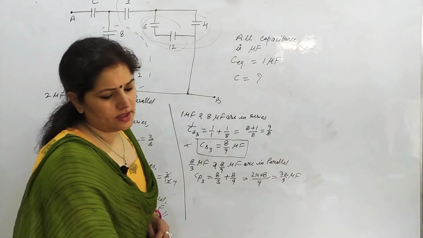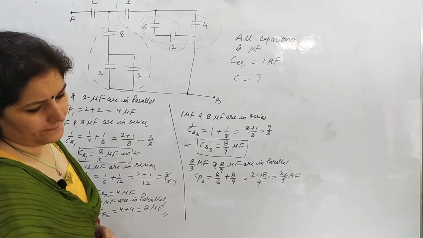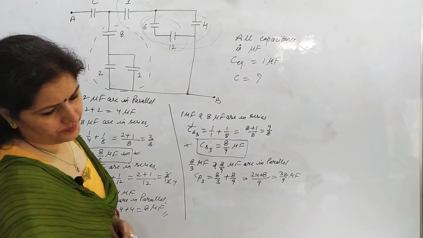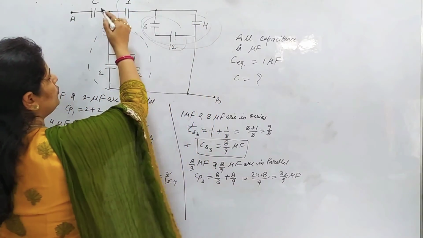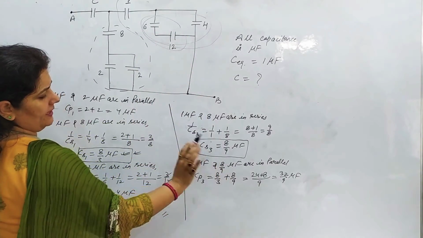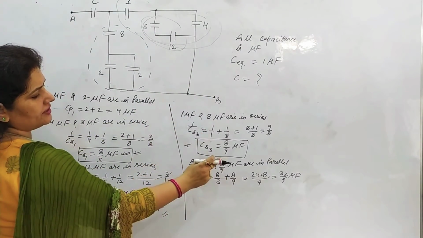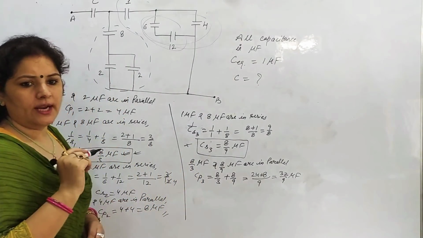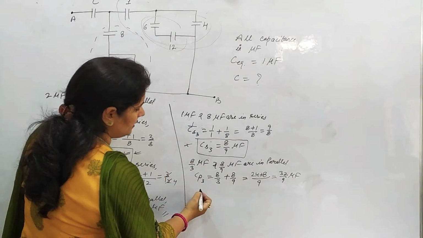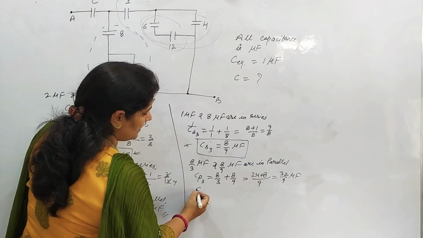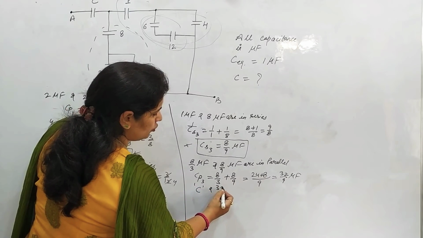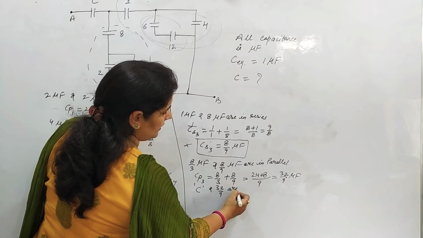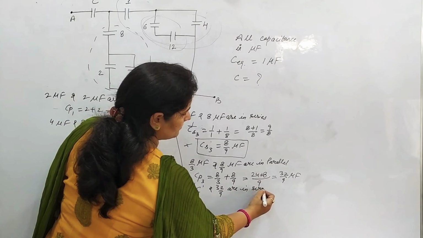So this answer is 32/9. ये पूरे लूप का आंसर is 32/9 microfarad. Now this 32/9 and C are in series, right? You're able to see now? Yes. So C and 32/9 are in series.